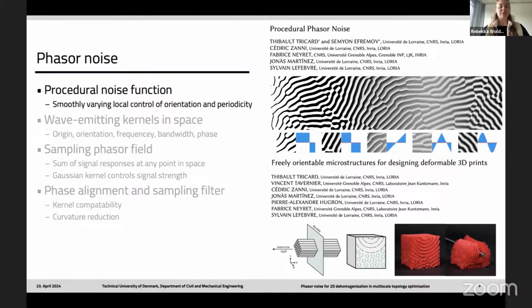The method presented in this paper is based on phasor noise from computer graphics and was developed a few years back at Inria in France. It's a procedural noise function, which means that it is compactly parameterized and can be efficiently upsampled to fine resolutions of these very detailed patterns with localized control of orientation and periodicity.